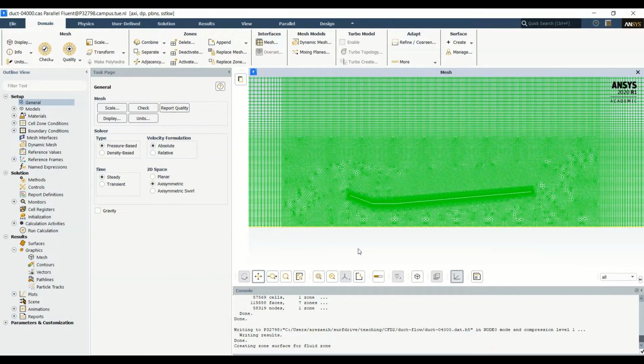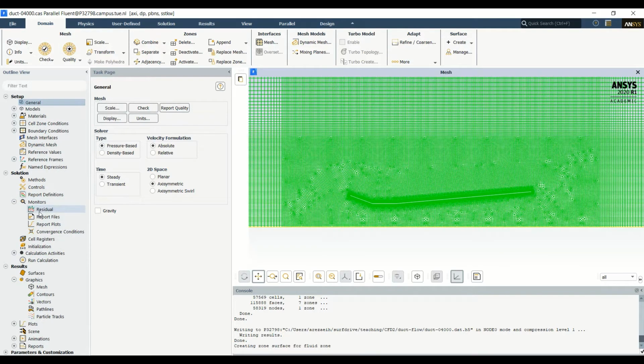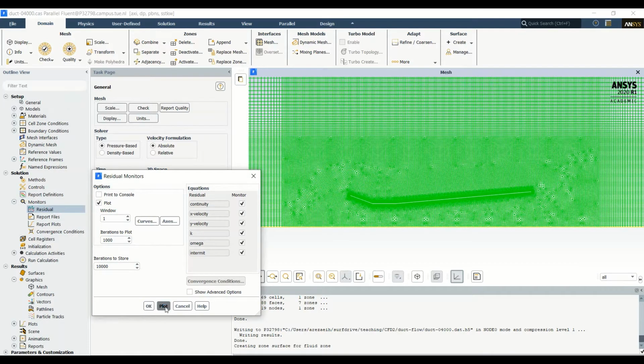Okay, as the last part of this tutorial, we're going to show some post-processing for the results. The simulation continued for 4,000 time steps, and then the simulation converged. If you want to take a look at the residuals, we have the residuals in the monitors, and then we can plot them.